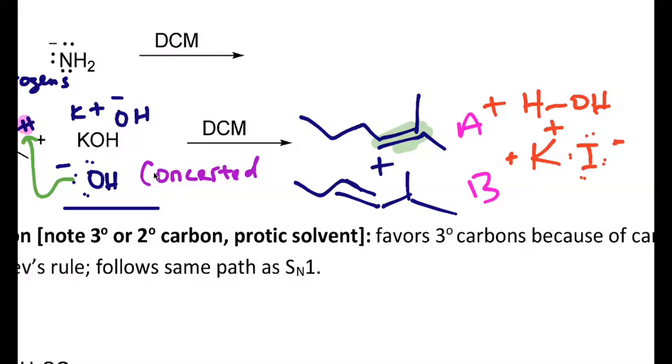So anytime you have a counter ion that's positive, it's normally going to find your leaving group somewhere, on the other side of the reaction arrow. So KI ends up, well, potassium and iodine end up together because iodine is negative. And then obviously the hydroxide pulls off hydrogen, so that becomes water.